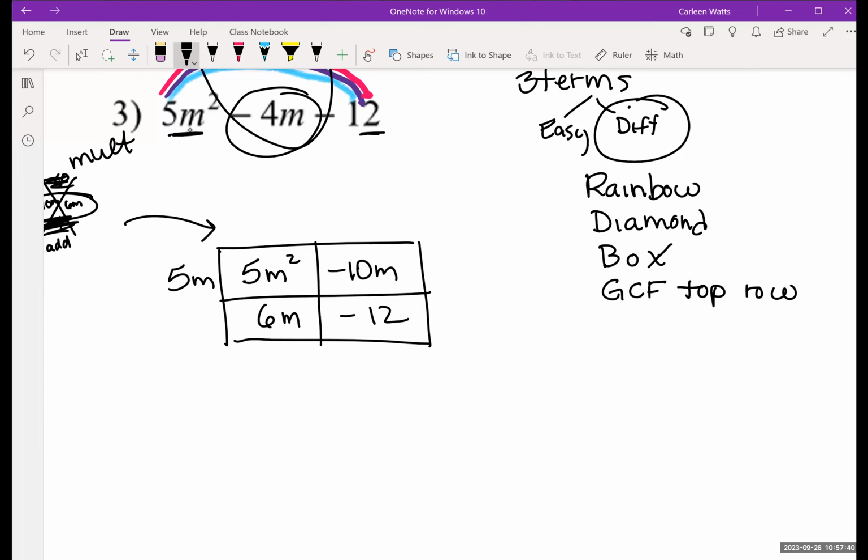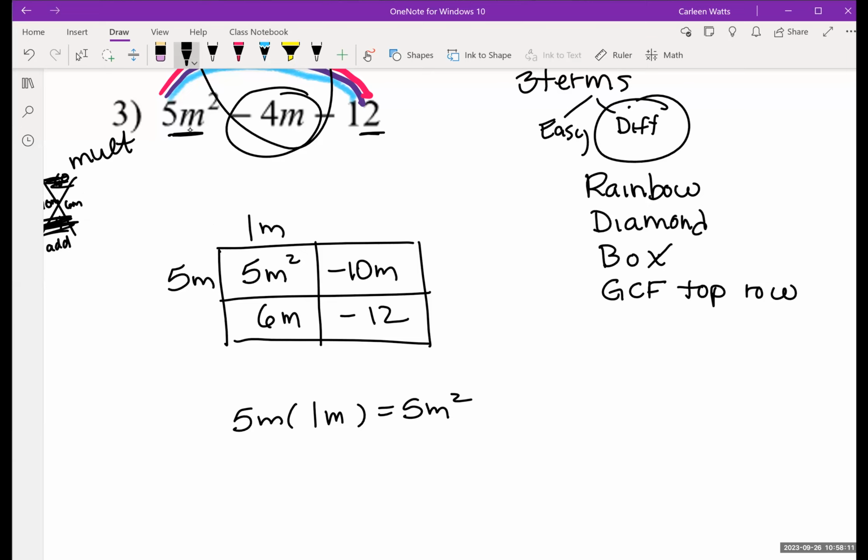Ooh, more than that, but thank you. 5m times what gives me 5m squared? So 1 is the coefficient. Yes, but what else is missing? Do I have enough m's? Nah, I need another m. Okay, so we'll put 1m, knowing that a 1 could be invisible. Okay, so 5m times 1m is 5m squared.